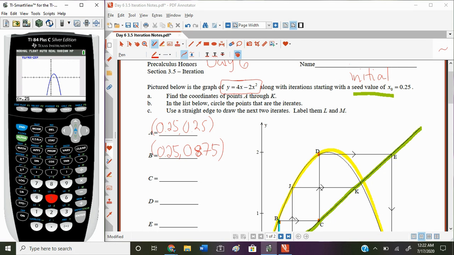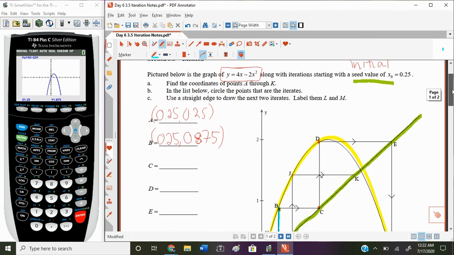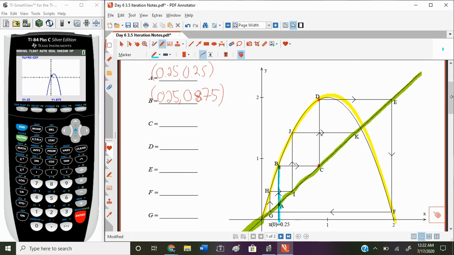This allows your x value to be substituted into the equation, and there's your y value, 0.875. I'm going to show you a third way to do it in a minute, but we'll continue on. Now we have to go back to our graph, and we're going to follow this line from point B to point C.